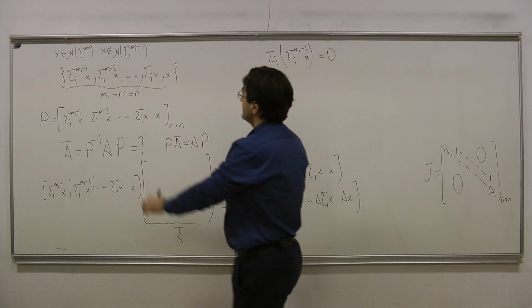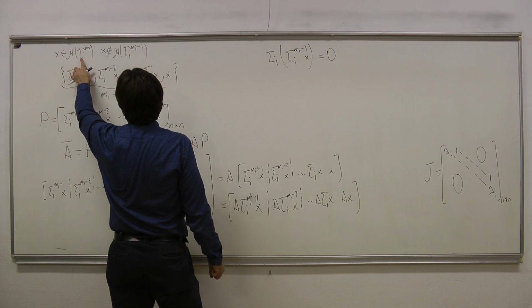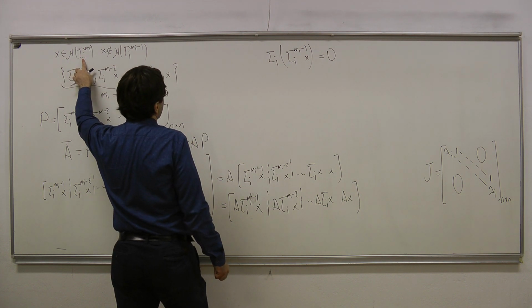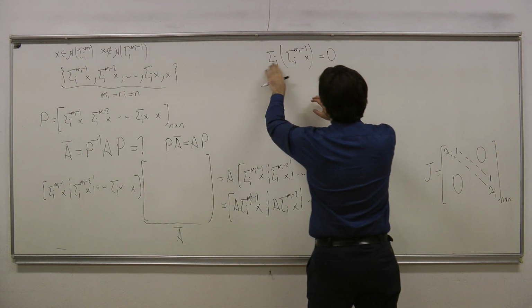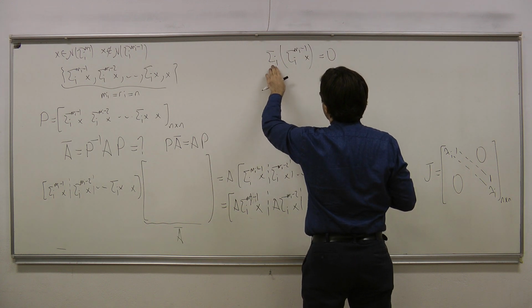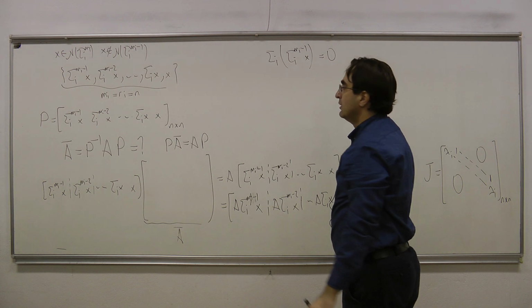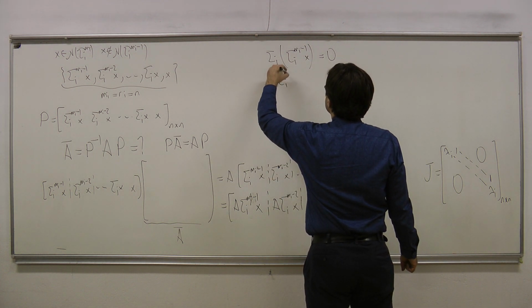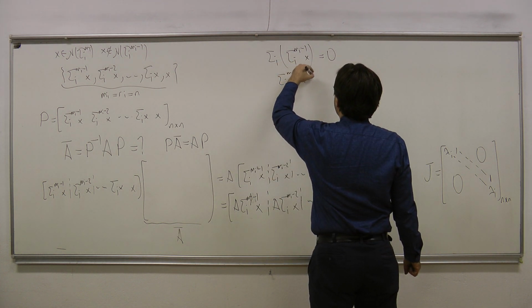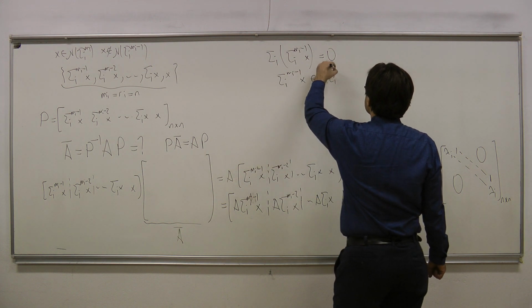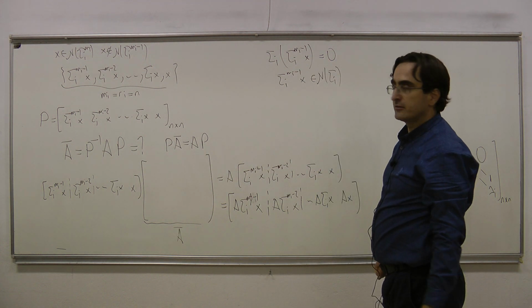Why is that? Because x is inside the null space of (A − λ_i I)^(m_i). And when you do this multiplication, you would get (A − λ_i I)^(m_i) times x. The result should be equal to 0. As a result, (A − λ_i I)^(m_i−1)x is inside the null space of (A − λ_i I), in the eigenspace.